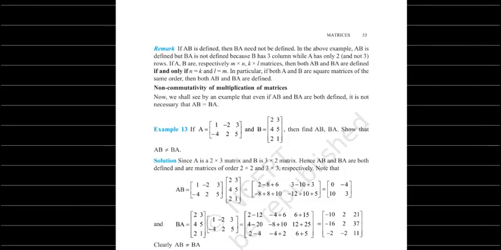Okay, if AB is defined, then BA need not be defined. In the above example, AB is defined, but BA is not defined because B has 3 columns, while A has only 2 columns and not 3.